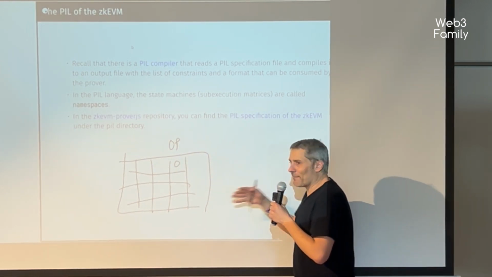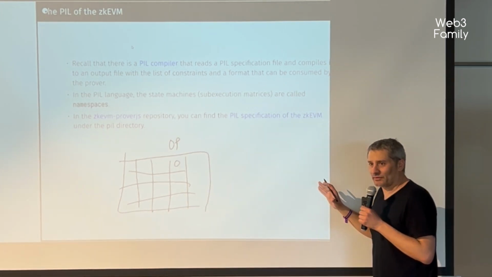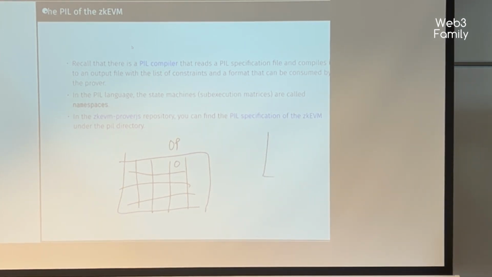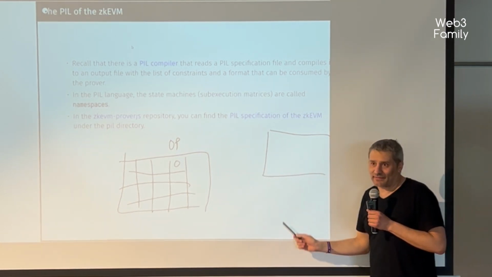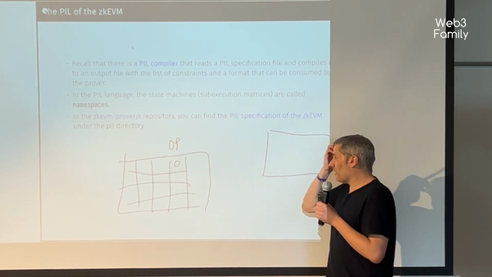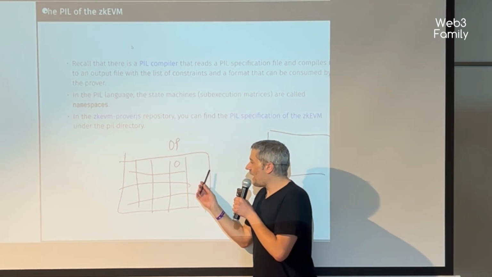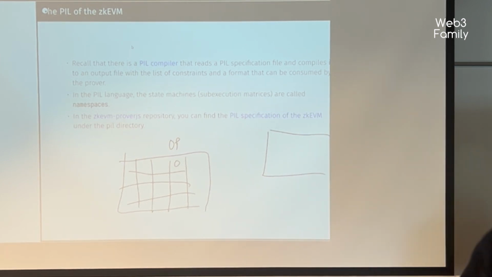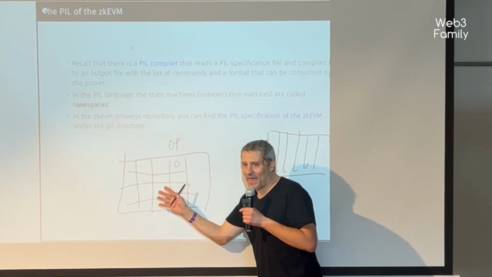If you have more and more operations in just one single matrix, it starts to grow a lot, okay? So the idea is that we split the computation into other matrices that we call state machines, okay? And then there are cryptographic arguments. I do part of the computation in this secondary matrix, and I don't need to have all the columns that are in the main matrix.